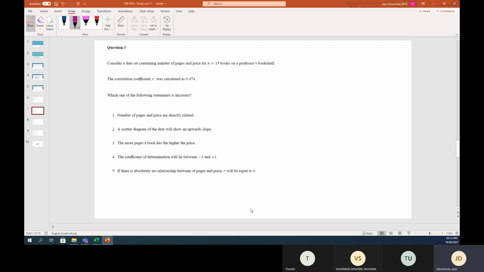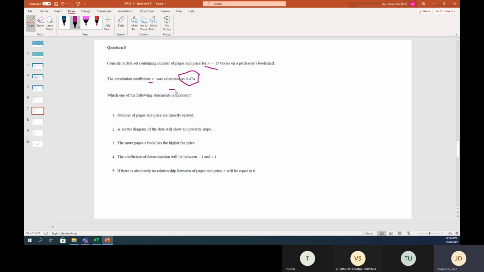So let's quickly read what they ask us, and then we see if we can determine what the correct answer will be. Consider a data set containing number of pages in books on a professor's shelf. The correlation coefficient R was calculated as that. Which one of the following statements is incorrect?